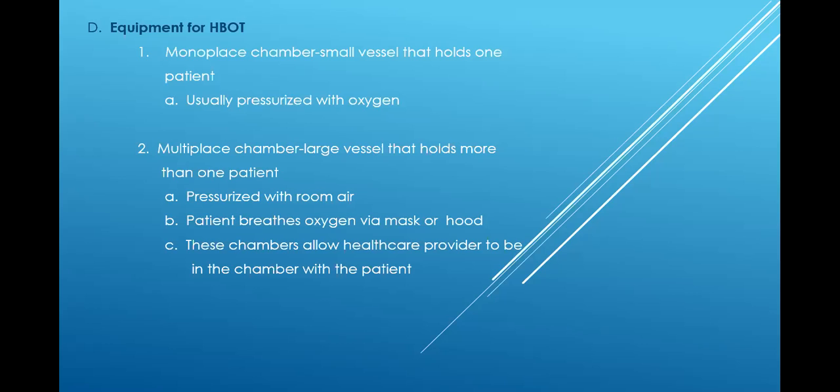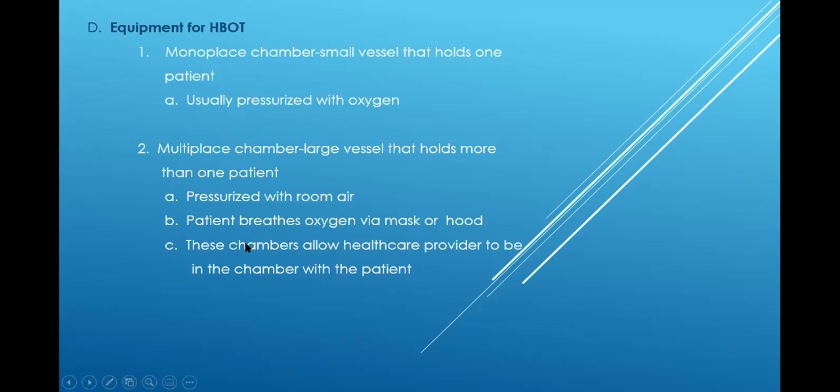But if I'm standing beside you, I don't get that effect, okay? I'm down to the 3rd atmosphere with you because I'm in the chamber, but I'm not pressurized with oxygen. My saturations are not going to super saturations, okay? They're going to go up a little bit because I am breathing regular room air, but not like it will be for you if you have oxygen on.